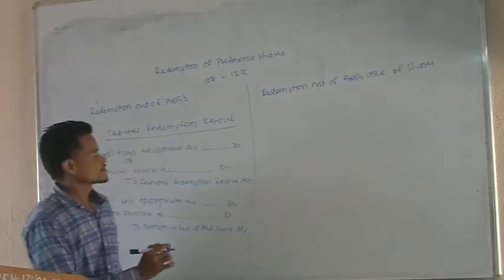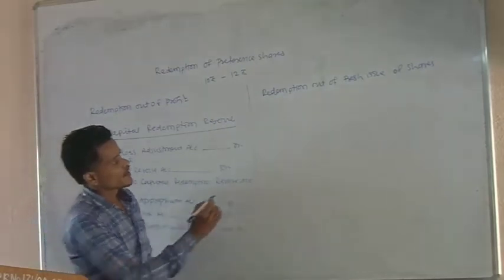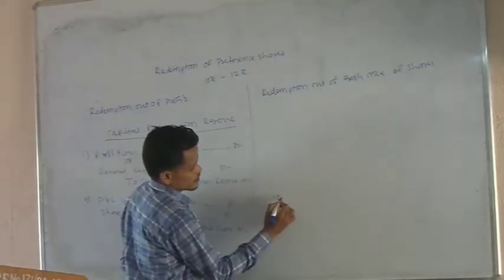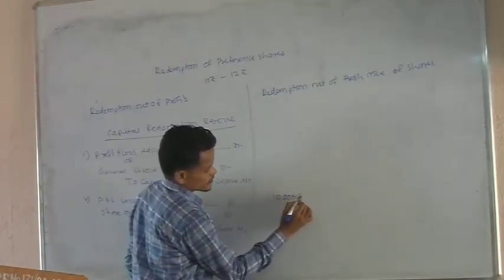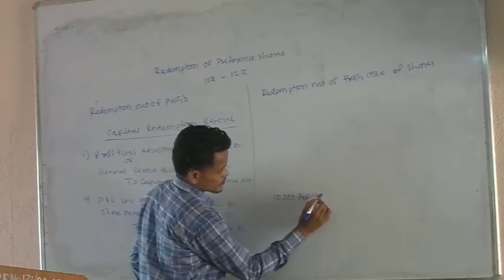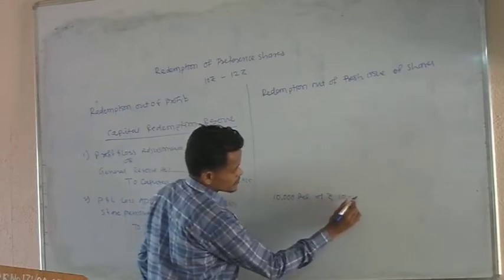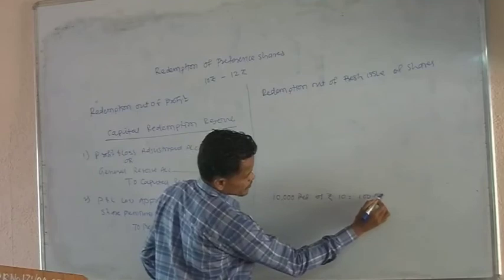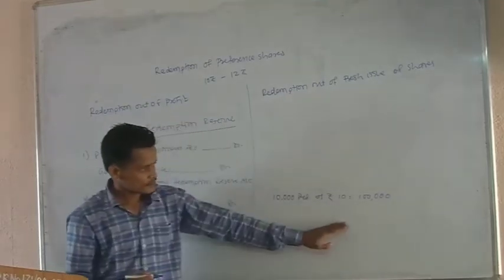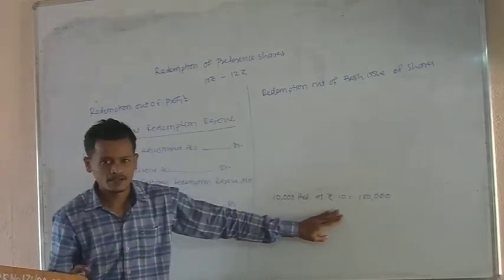For example, if there are 10,000 preference shares of rupees 10 each, that is an amount of 1 lakh of preference share capital, right?